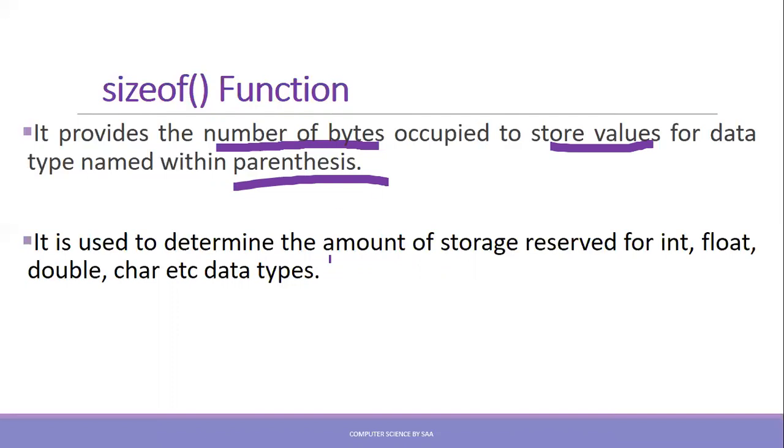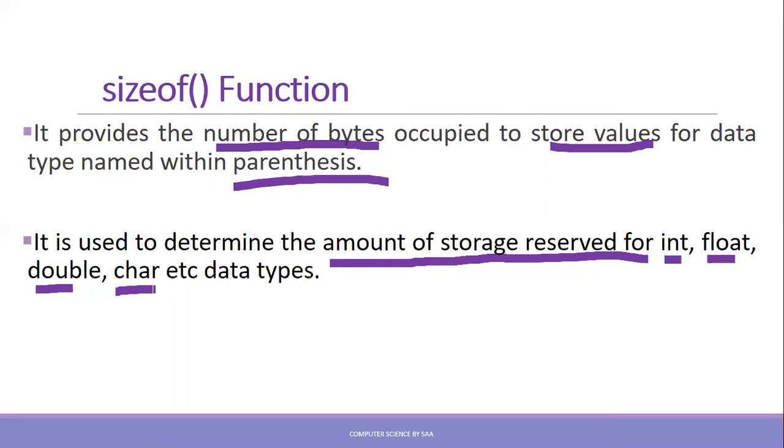Basically, it is used to determine the amount of storage reserved for data types like integer, floating, double, and character. When we studied data types in chapter number 3, I showed you a table, and this table is also given in your books, showing how much space is occupied by these different data types.